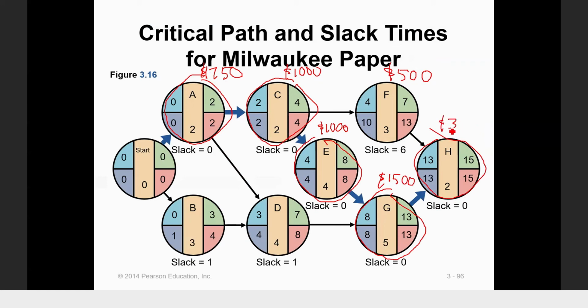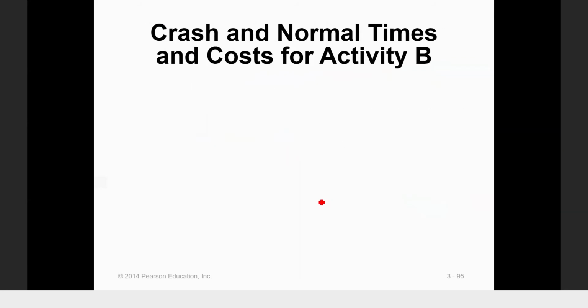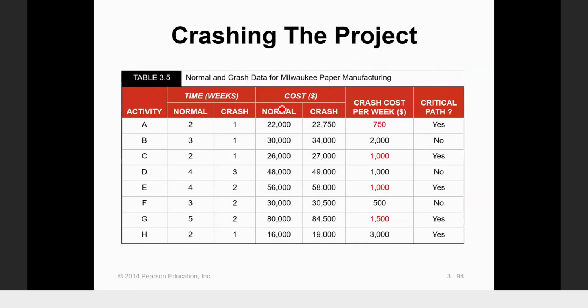Can you calculate the total cost for the project without crashing? The normal cost for the project is shown here. We just add all these costs. This will be the summation of normal cost. If we add all these numbers, can somebody put it in the calculator?